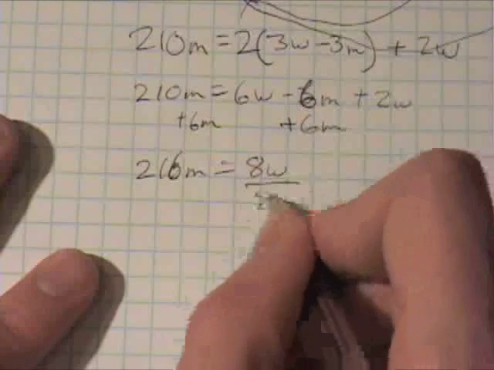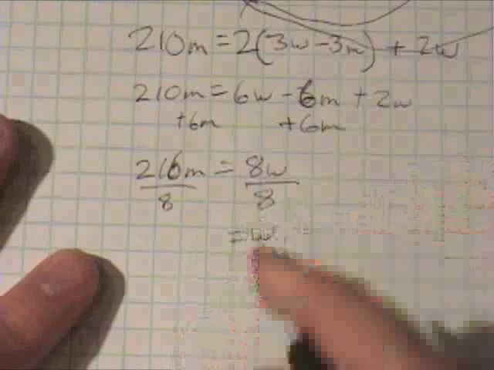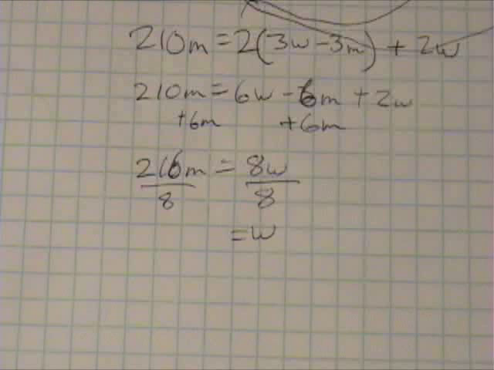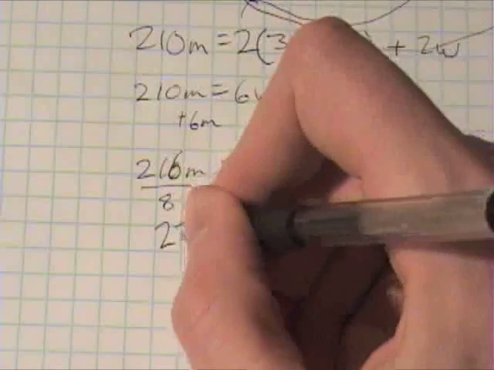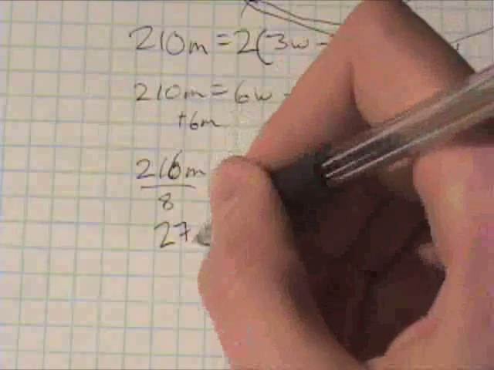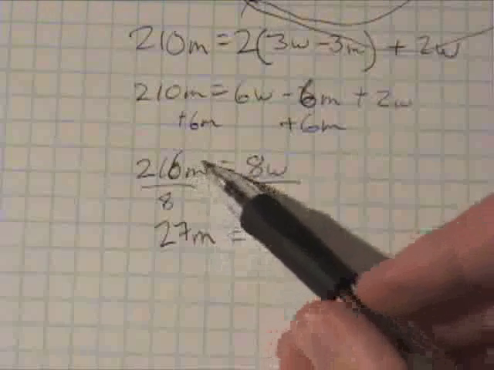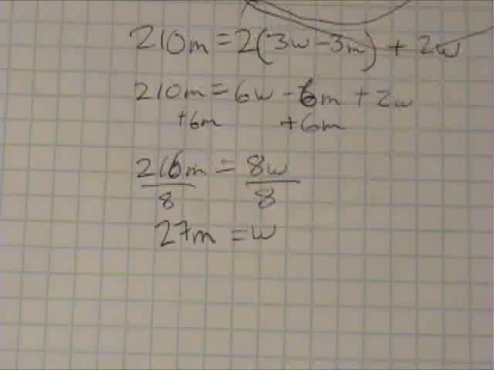Now divide by 8, and width should equal, let's get our calculators out, 27, and that's 27 meters. Remember that. You have to remember this little unit sign. So 27 meters. We figured out one of them, but are we done?